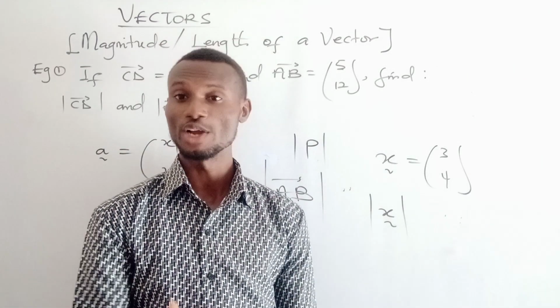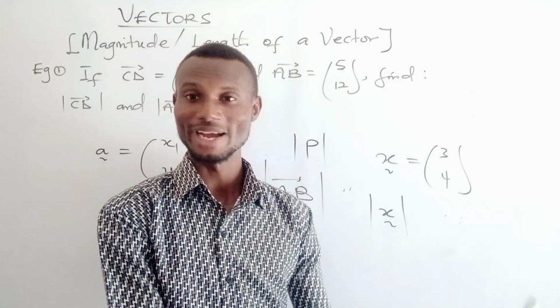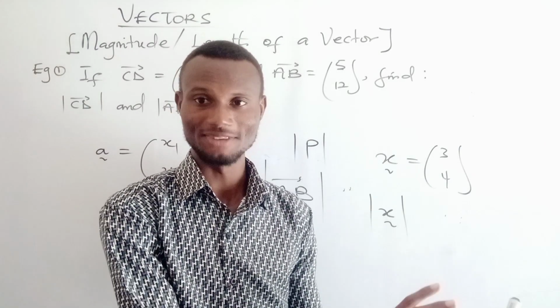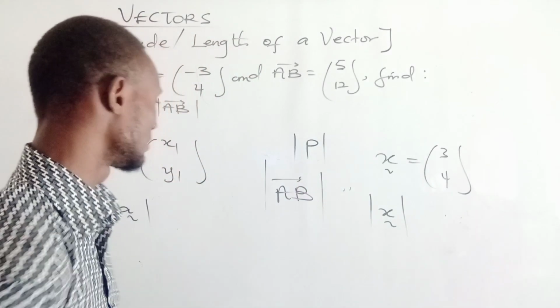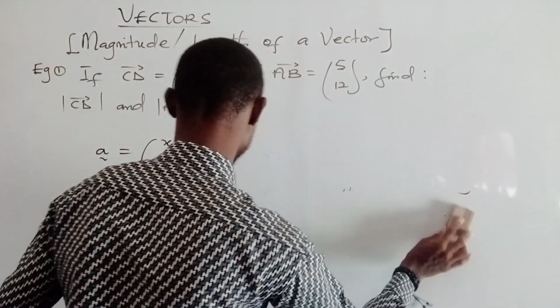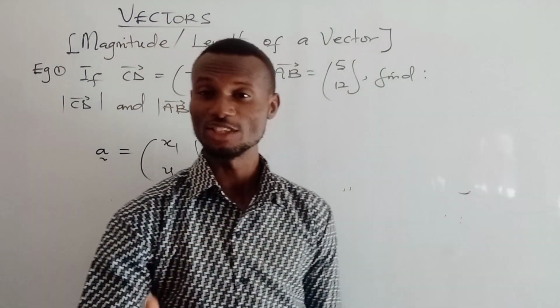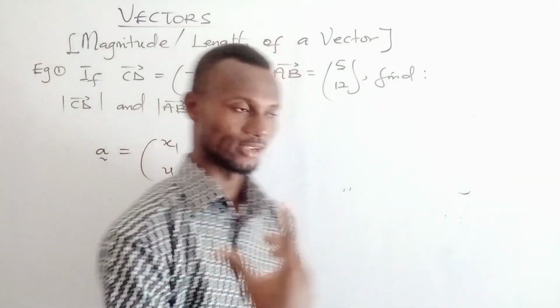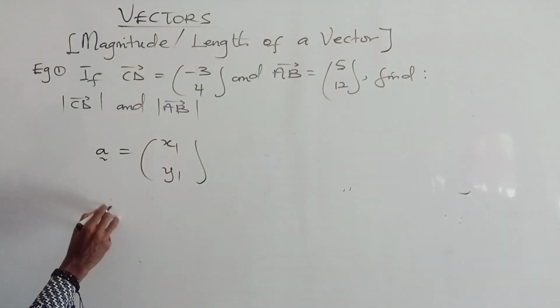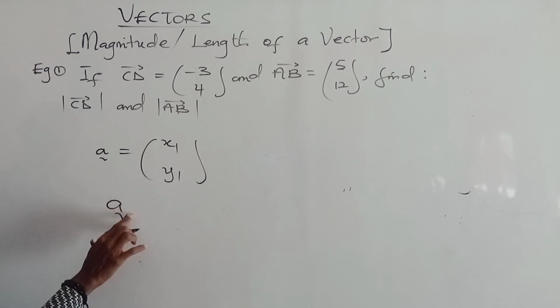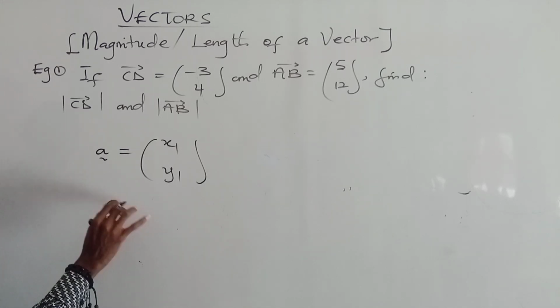So I'm going to show you how to find that magnitude or length of a vector. Let me clean these from the board and let's proceed. For me to find the magnitude of the vector A, let me write it down. This is the vector A, and I want to find the magnitude of it.